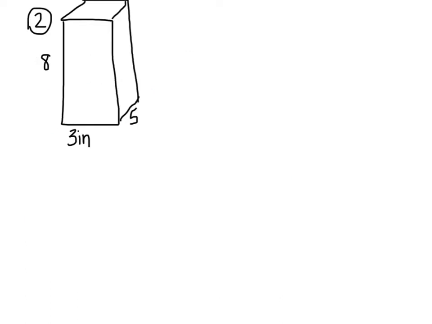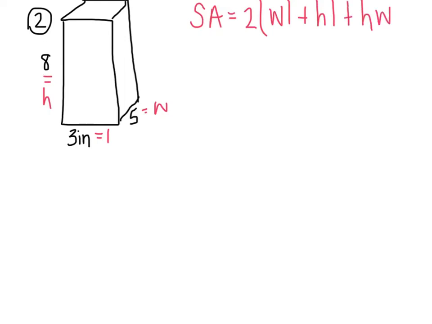Now let's try our next one. 3 is going to be our length, our width equals 5, and 8 equals our height. So we have surface area equals 2 times width times length plus height times length plus height times width.